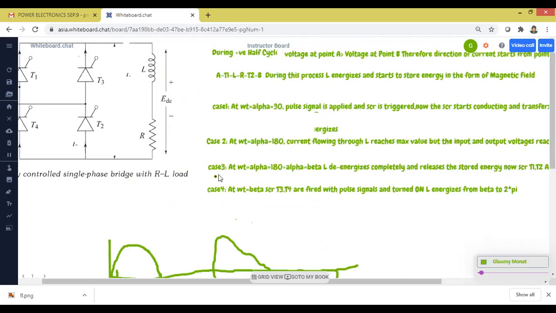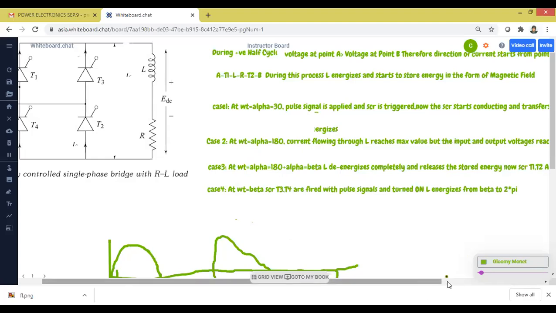You can see case 3. What we have written at omega t equal to alpha equal to 180 degrees: the inductor de-energizes, that is 180 degrees plus alpha. Here the symbol is alpha. At omega t equal to 180 plus alpha, which is called beta, we are assuming it as beta, the inductor de-energizes completely and releases the stored energy.